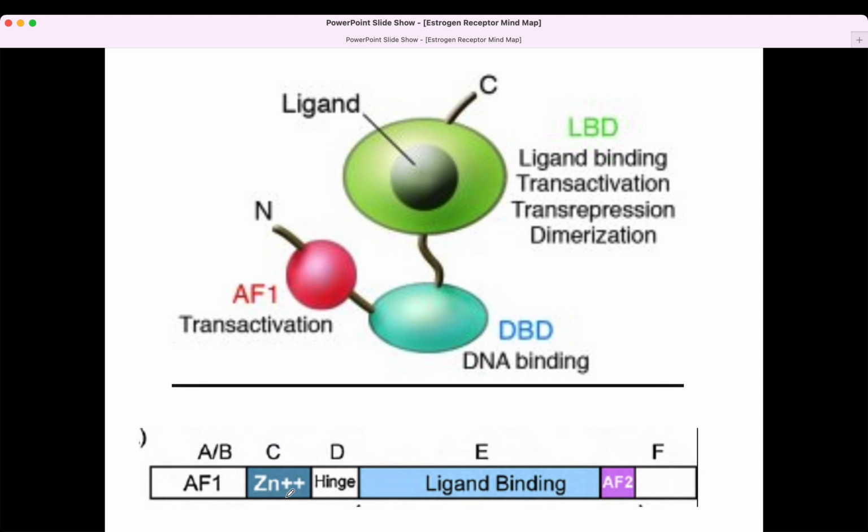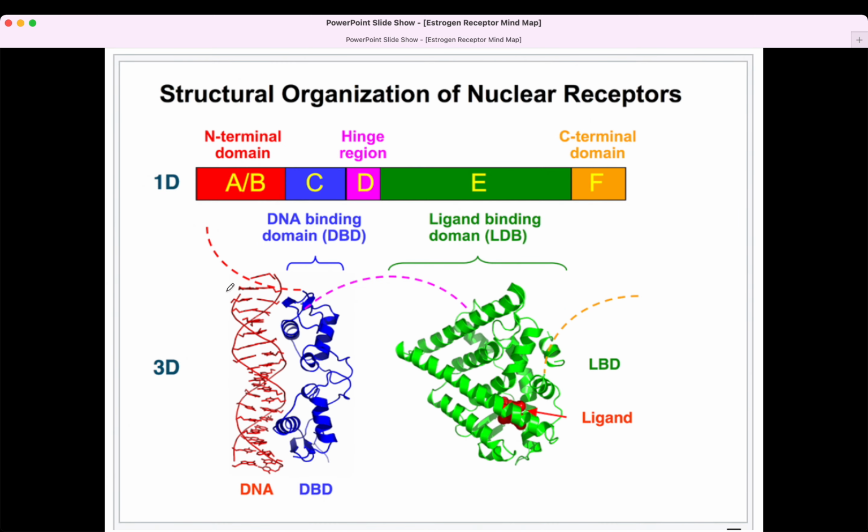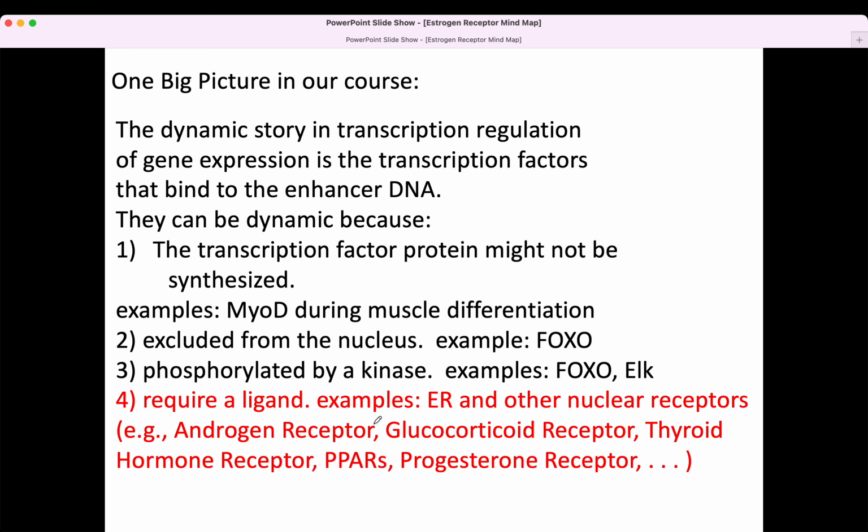This just draws it out here in a more visual way, showing that we first come to the transactivating domain, then the DNA binding domain, and then the ligand binding domain. And just another visual of that, as we go through the length of the protein. And it's just a fascinating thing.